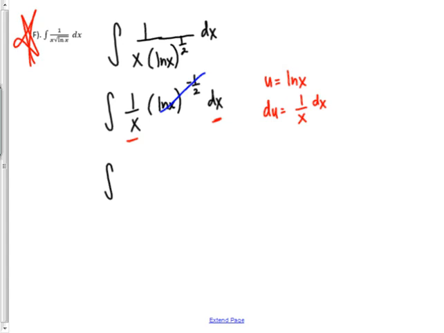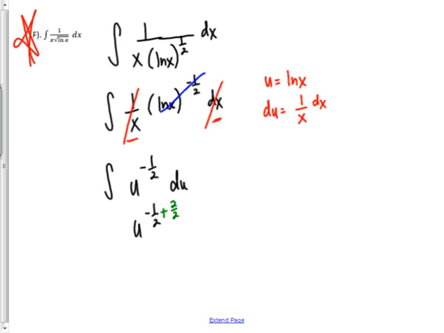This is a straightforward u substitution problem. I'm going to call this u to the negative 1/2, and then I have everything I need for du, which is 1 over x dx. So I didn't have to multiply in any constants and cancel anything. But now I do need to integrate this. So power rule it, add 1, but instead of writing plus 1, we're going to write plus 2 over 2 since it's a fraction.